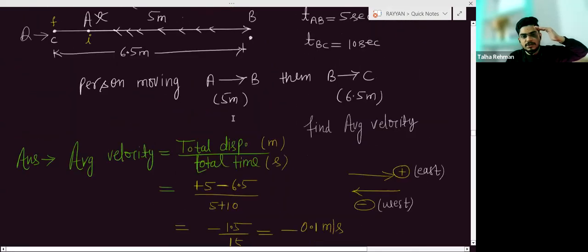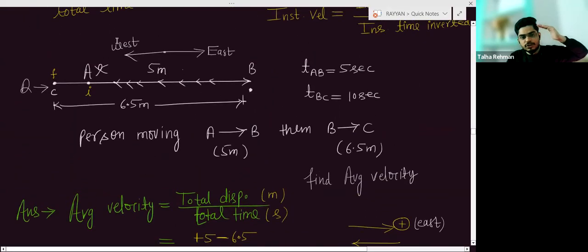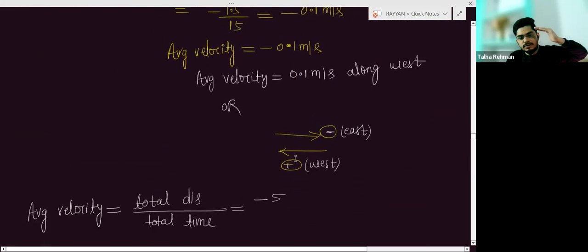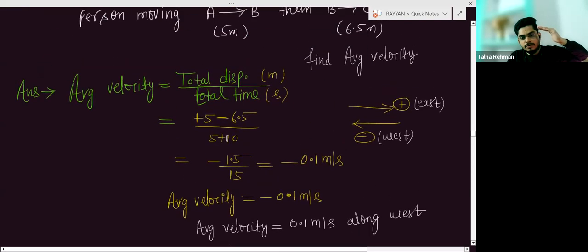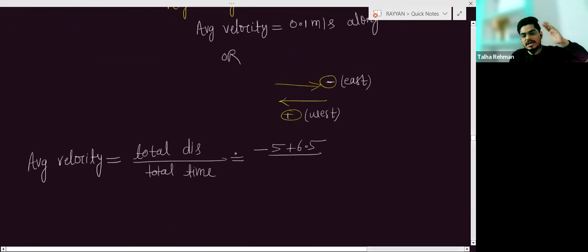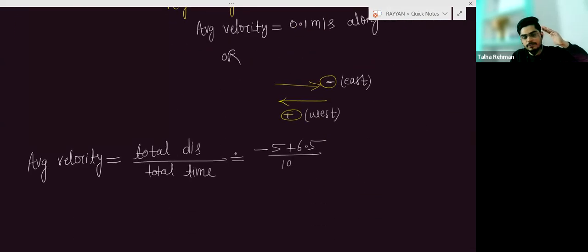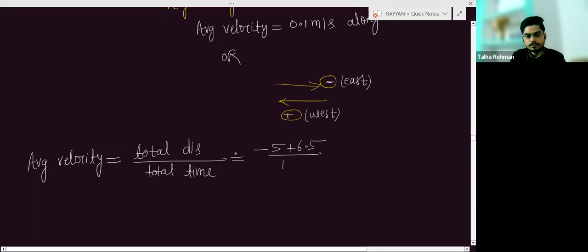After that, the person moved from B to C, and B to C is the west direction. The west direction you have taken as positive, so it will be plus 6.5. And the total time is again 5 plus 10, 15. The total time will remain the same, right?